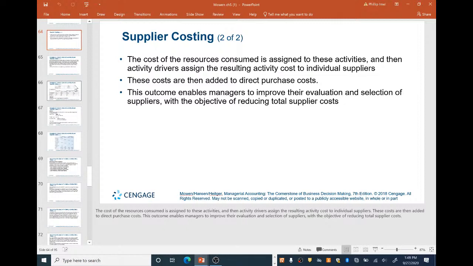Once we figure out these additional supplier costs, we add them to the direct purchase costs. By having the direct purchase cost plus these other incremental costs on top of it, managers of these companies are going to be much better informed on the decisions they're making, and so in turn will make much better decisions.